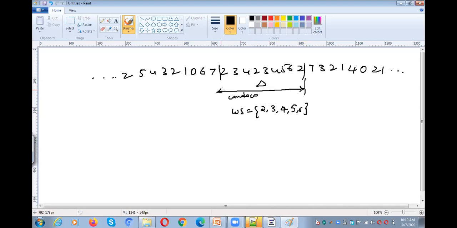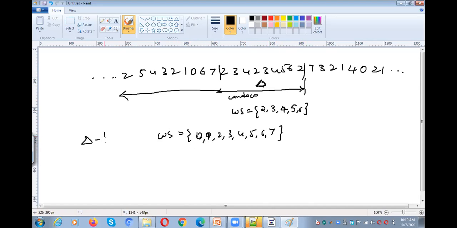If we increase this working set window up to this one, what is the working set then? 1 0 1 2 3 4 5 6 7. So all the pages are there in the working set. So the delta window size should not be high, and it should not be low.